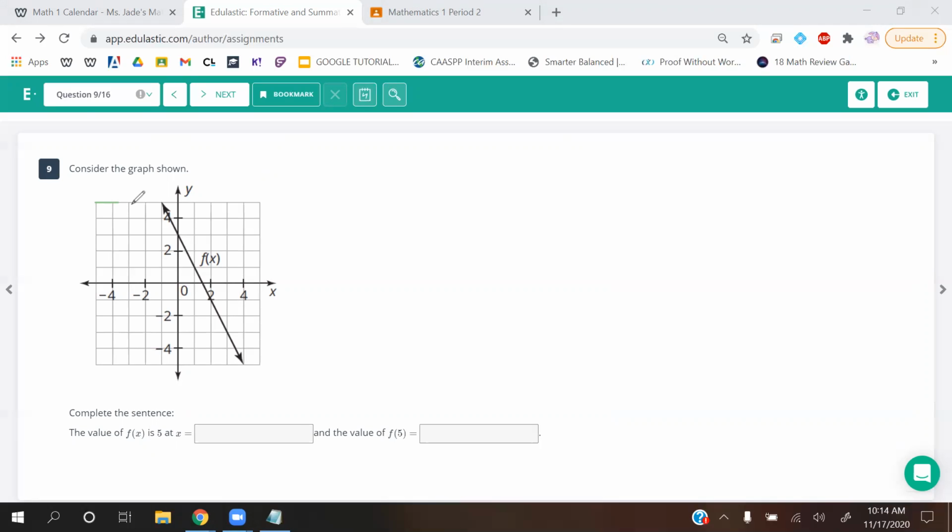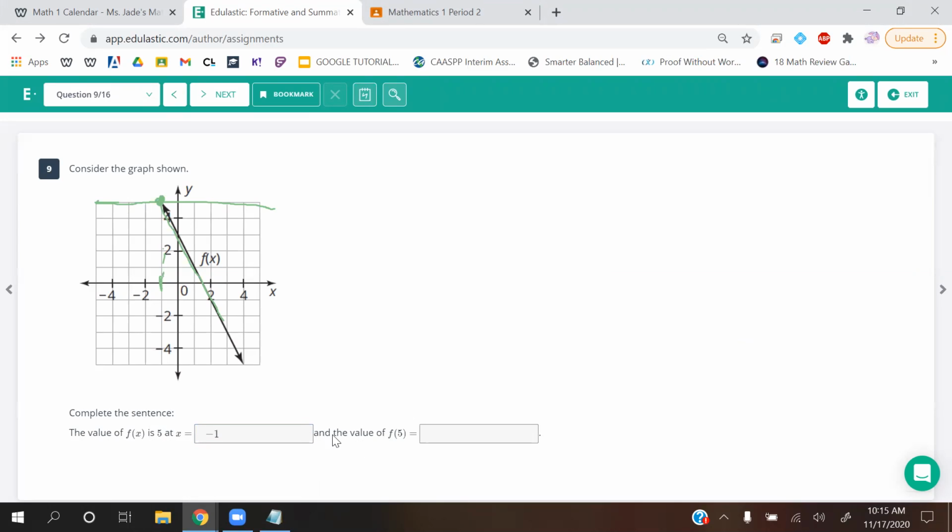What x value is this point at? This is where our line will reach the height of 5. This is an x value of -1. So the value of f of x, that's the y value. So the y is at 5 when x is -1.